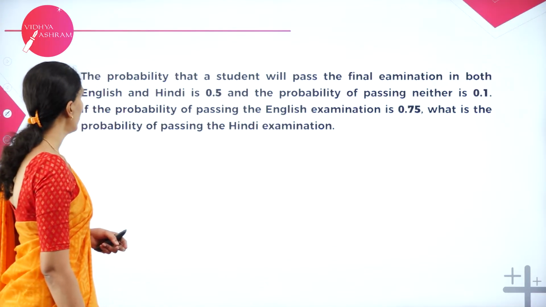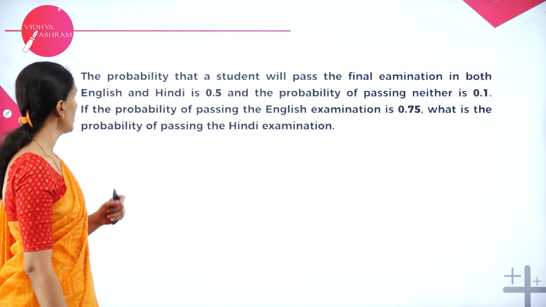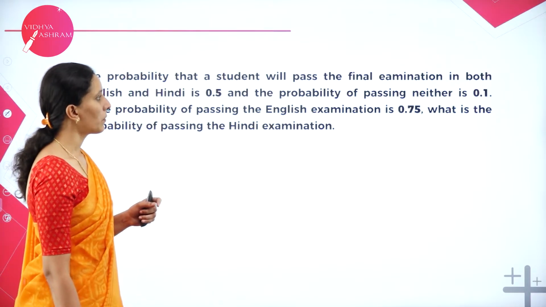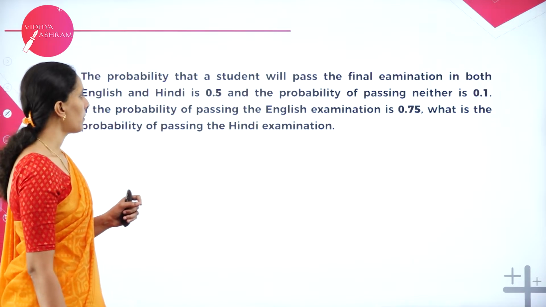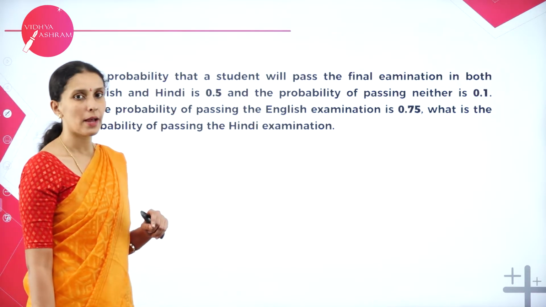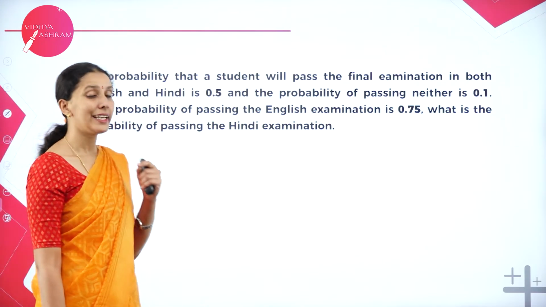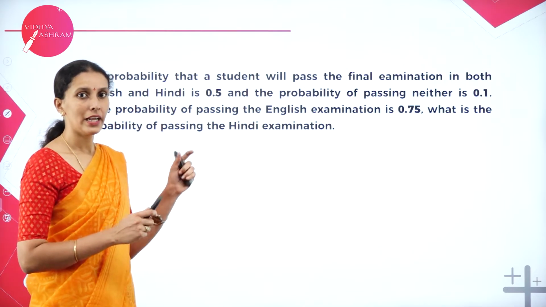Next question we have, the probability that a student will pass in the final examination in both English and Hindi is 0.5, and the probability of passing neither is 0.1. If the probability of passing the English examination is 0.75, what is the probability of passing in Hindi examination? So let us write what all is given in the question.